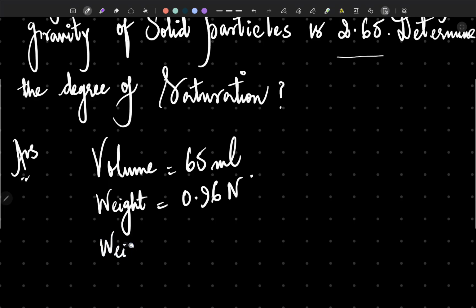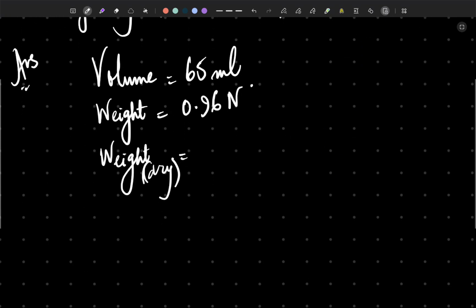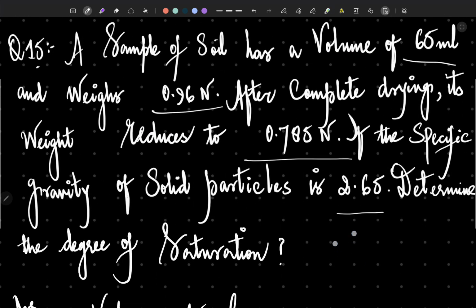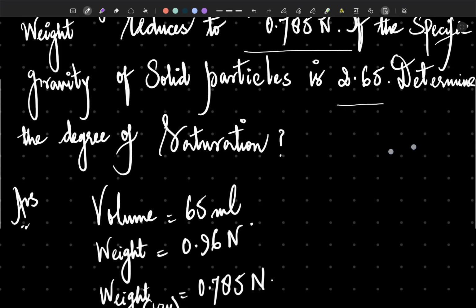Then weight when it's in dry condition, it is how much? After complete drying, its weight reduces to 0.785 newtons. If the specific gravity is this, we have to determine the degree of saturation.